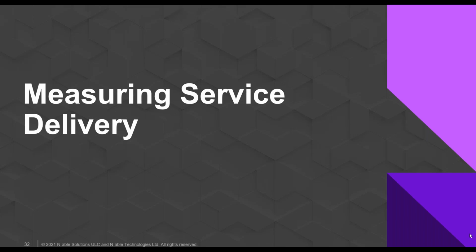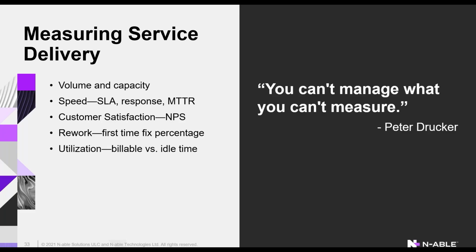Whereas here inside the MSP world, at least when we're looking at service delivery, we're hitting very tangible items with our service delivery, right? Volume and capacity, speed, right? Looking at our SLAs, MTTR, or mean time to resolution, response time, customer satisfaction with solidified NPS, or net promoter scores, right?